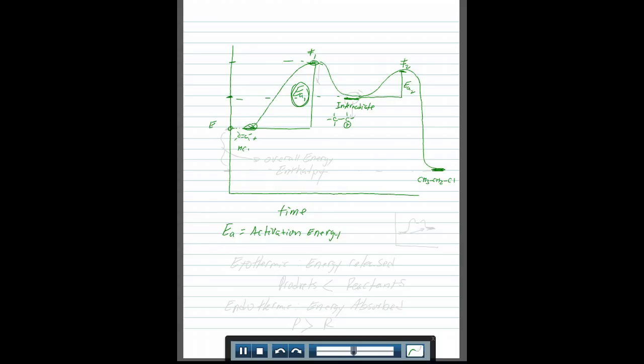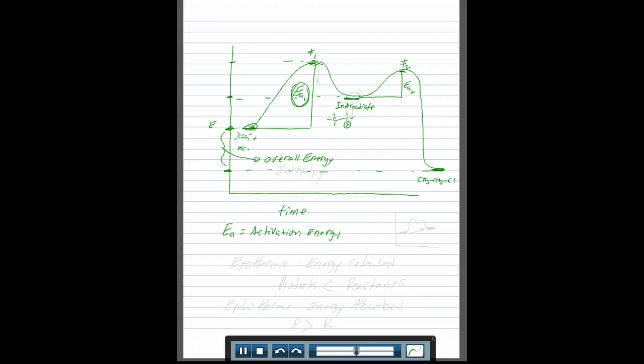So it really all depends on the size of the activation energy. Your overall energy, the energy of the reaction, is the energy from the starting point to the energy of where your molecule has ended, or the energy of the products. That is what's called your overall energy.